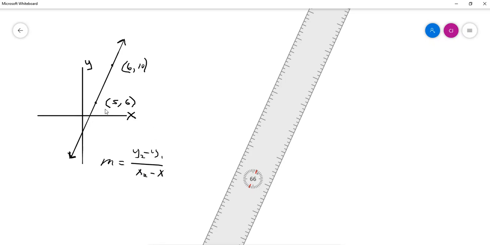So we could take these ordered pairs, and again, it didn't matter which one was point 1 or point 2. If that was point 2, we could take 5 comma 6 and put 5 and 6 in here and find the slope of the line, and then we could take 6 comma 10 and put 6 and 10 and find the slope, and so on.